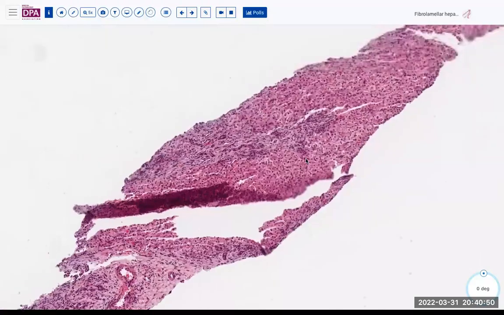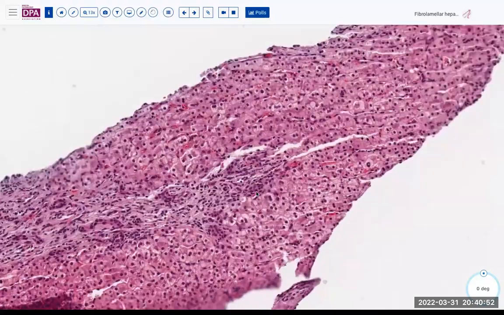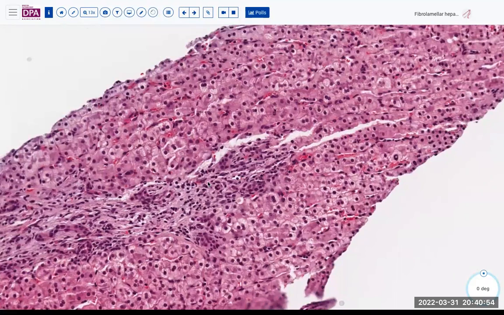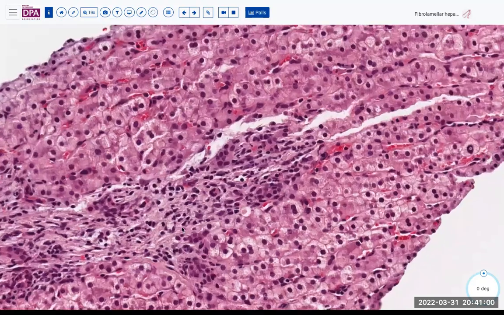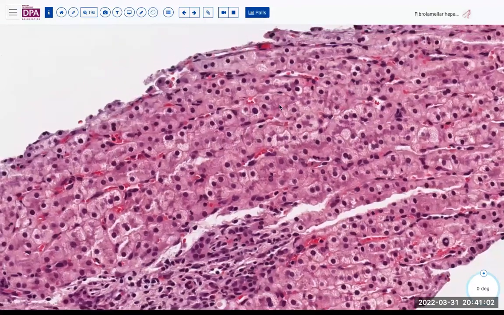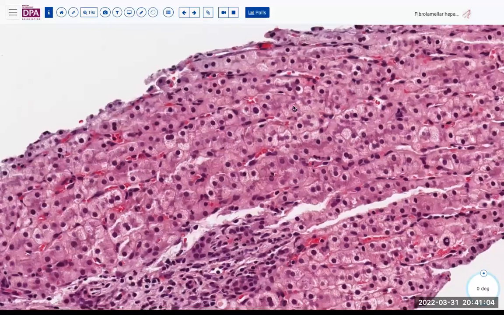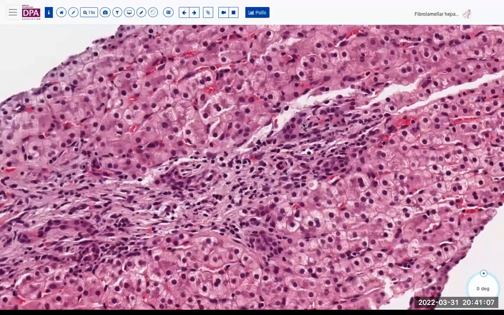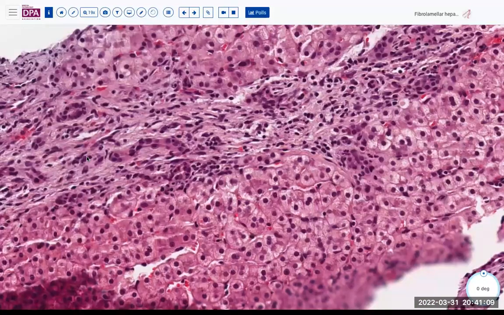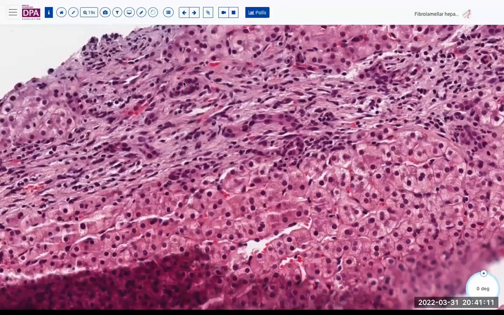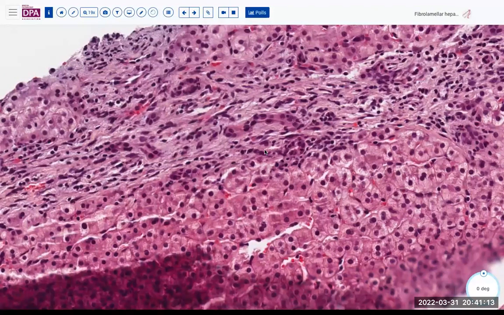Looking a little further up here. Nice contrast. This is our benign liver tissue, right? We don't have those oncocytic changes. Here's our portal tract, and here we have a few little bile ductules going along.